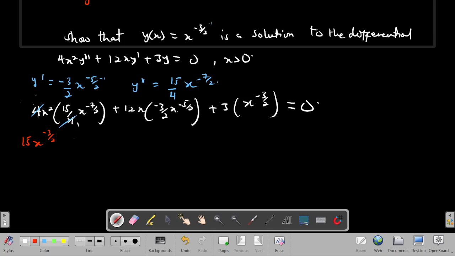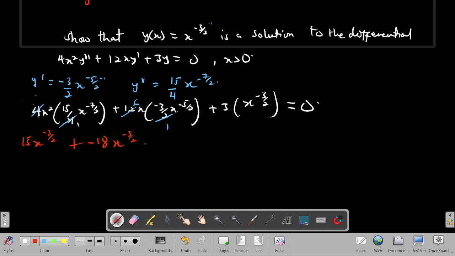Then I come to this section. Plus, when I come here, I have x here and x here. 2 can cancel itself once and go into 12, 6. So I'll simply get 6 here, and this is negative 3 over 2. So that is going to be negative 18 x, but the power of x is 1 minus 5 over 2, and that is negative 3 over 2.